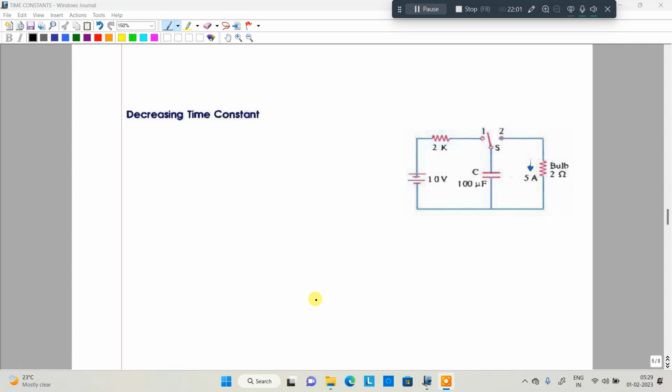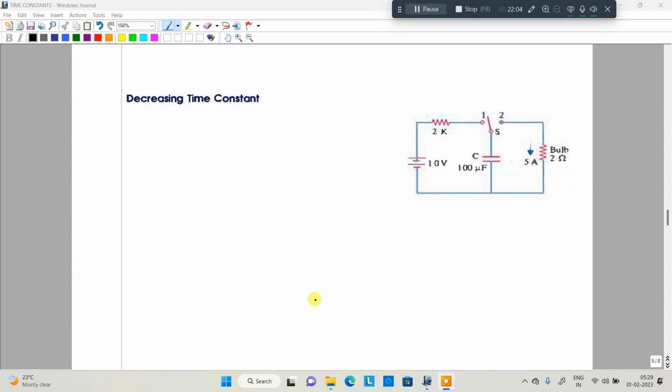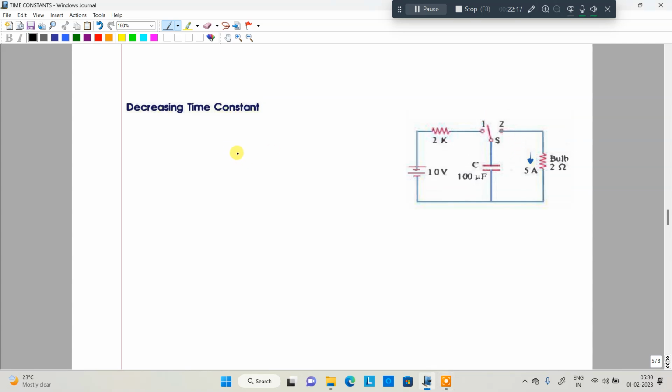Next we are moving to the decaying time of capacitance. In this particular case, the decaying time of capacitance is related to the five time constants.